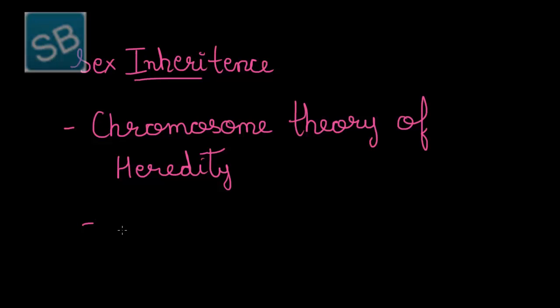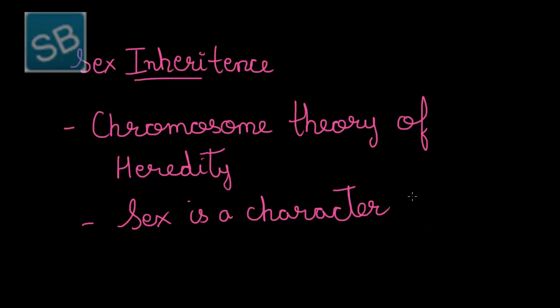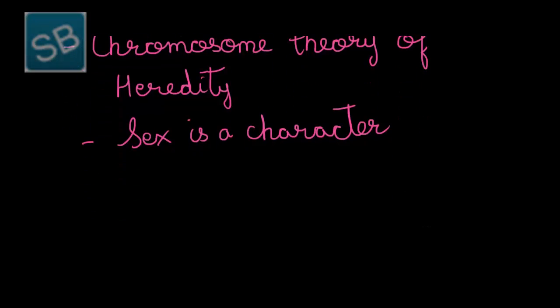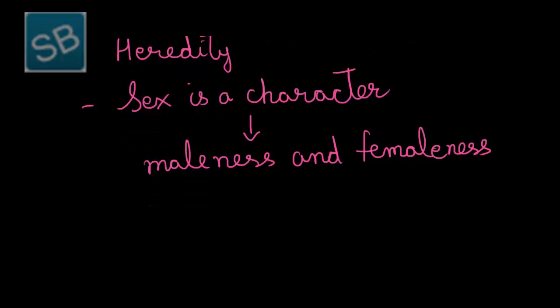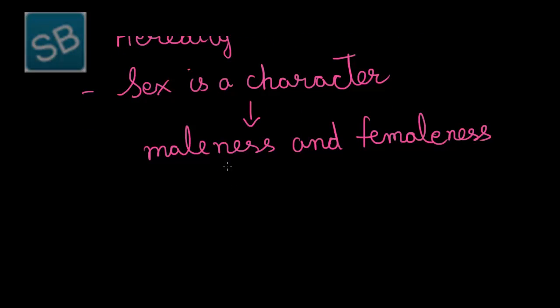On this basis, it was proposed that sex is a character that consists of two alternatives, one maleness and second femaleness. This difference between the two characters is based on the type of chromosome present.